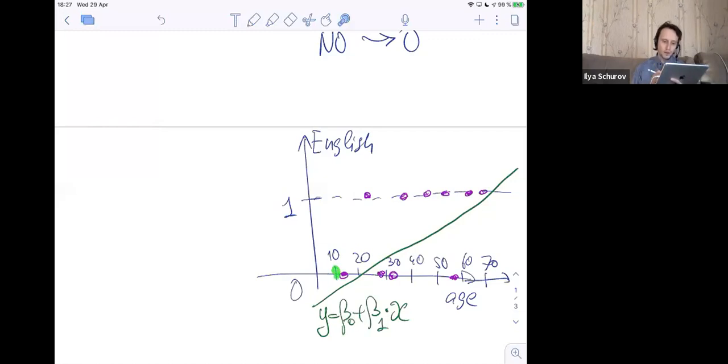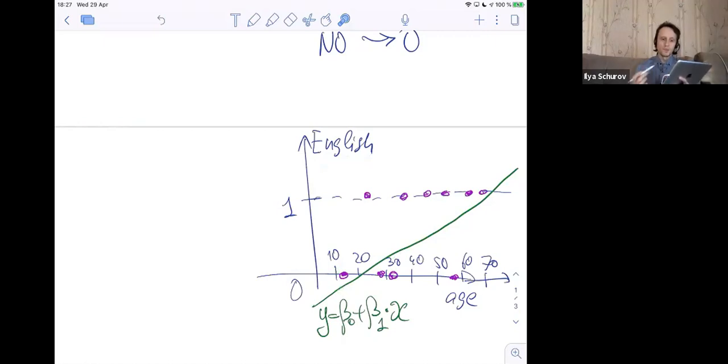Let us take, for example, this value 10. What does this model say about people of age 10? If we see this line, then we have to say that the model says that something related to English knowledge for people of age 10 is negative.